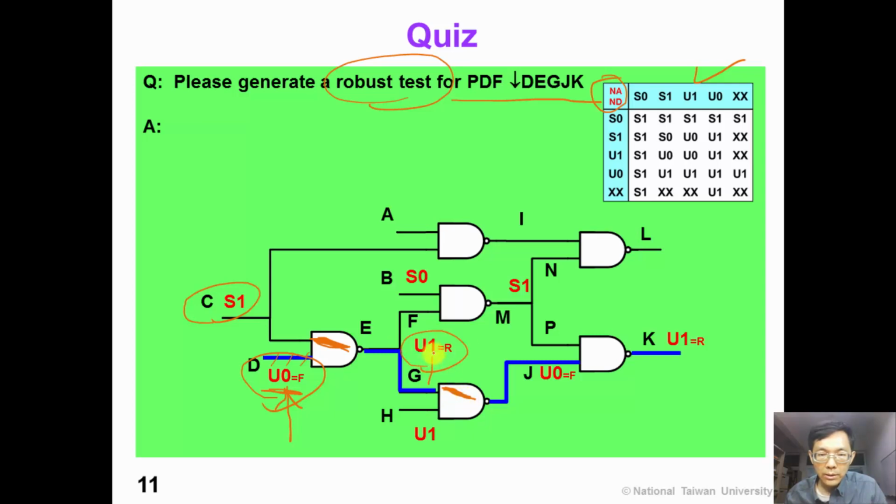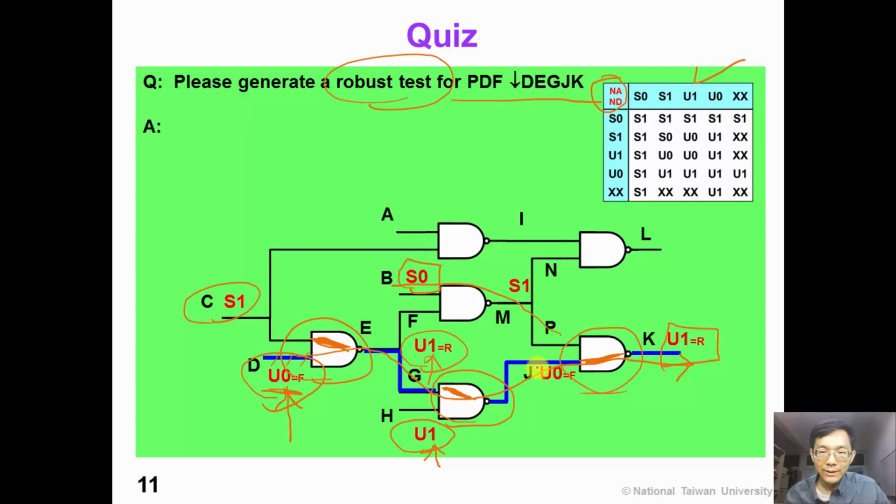Since 1 is non-controlling, the side input H can be U1. And we want to sensitize through this NAND gate, so we backtrace to B and we assign B to be static 0. In this way, we can sensitize this path delay fault all the way to output K. Every gate on this path is robustly sensitized. So this is a robust test.